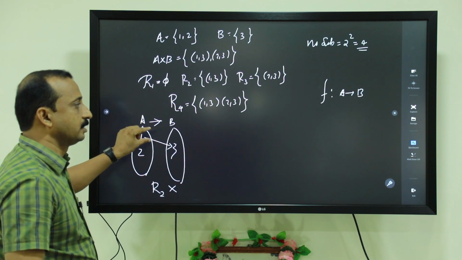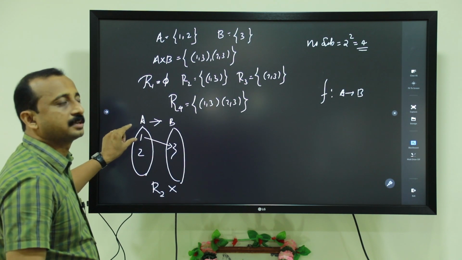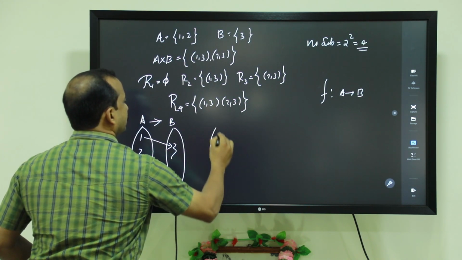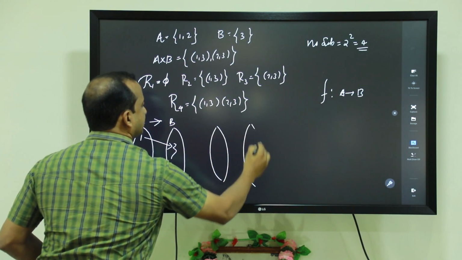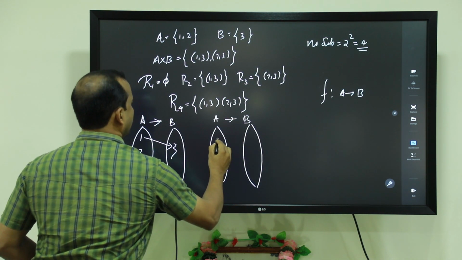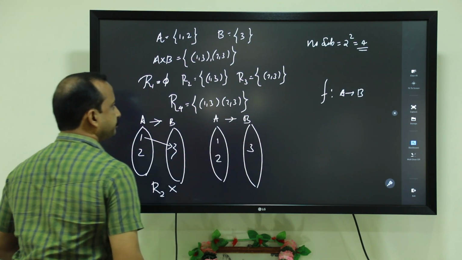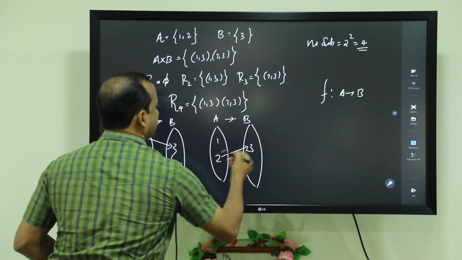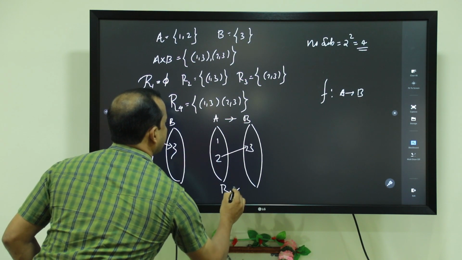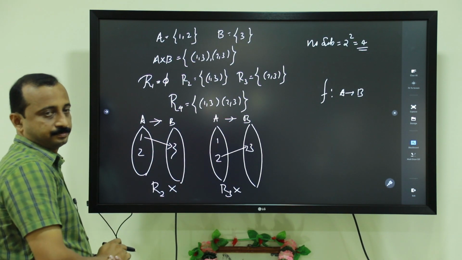If every element has one and only one image in the second set, then the relation is said to be a function. Here R2 is not a function. Now we select the third relation R3. First set A, second set B. For R3, the image of 2 is 3. R3 is not a function because the element 1 has no image.